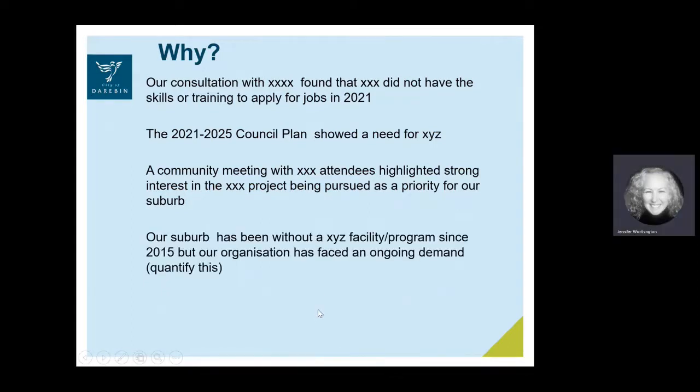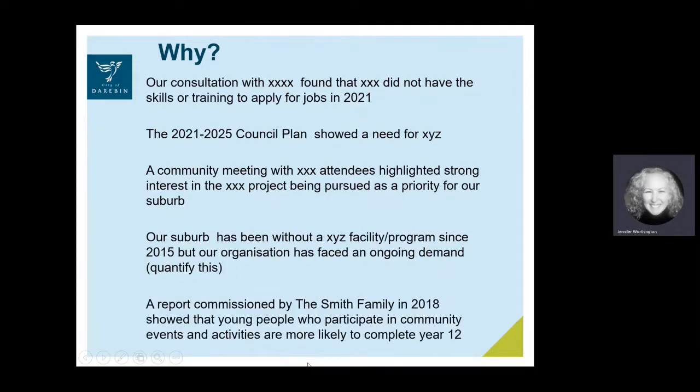Our suburb has been without an XYZ facility program since 2015, but our organisation has faced an ongoing demand for this. Or a report commissioned by the Smith family in 2018 showed that young people who participate in community events and activities are more likely to complete Year 12. So this is an example of how plans or community consultations or surveys or meetings or reports are built into the reason why you're applying for this grant.